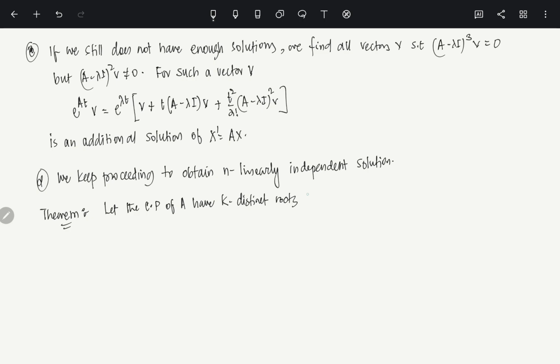What are the roots? Lambda 1 to lambda k, with multiplicities, and let's just call the multiplicities n1 to nk respectively. What does it mean? It means that the characteristic polynomial p(lambda) will look like (lambda 1 minus lambda) to the power n1 times ... times (lambda k minus lambda) to the power nk.